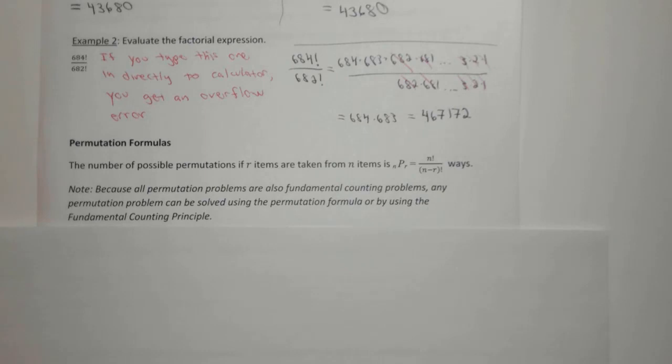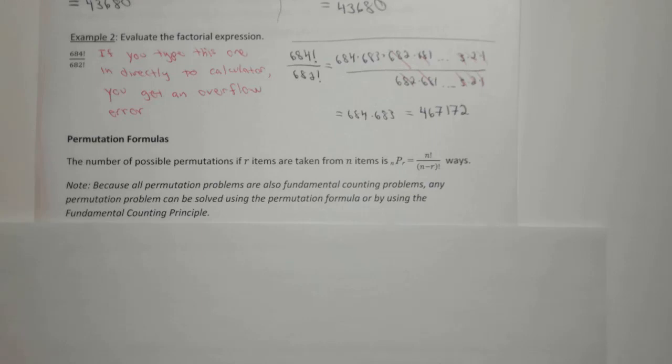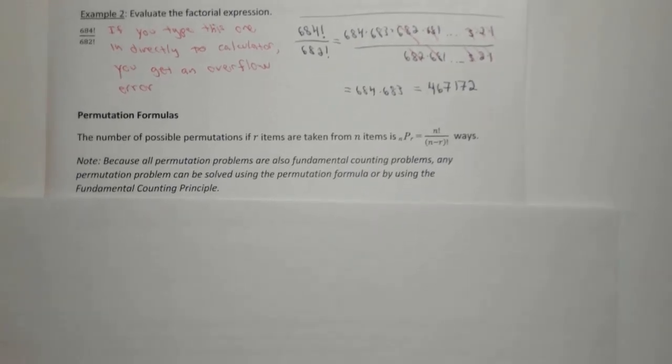The number of possible permutations if r items are taken n at a time is nPr equals n factorial over n minus r factorial ways. Don't worry so much about this formula. You will need to memorize the formula, but when we actually work the problems out, we have some easier methods, okay? What I'm going to do for you is I'm going to show you how to do this on the calculator.